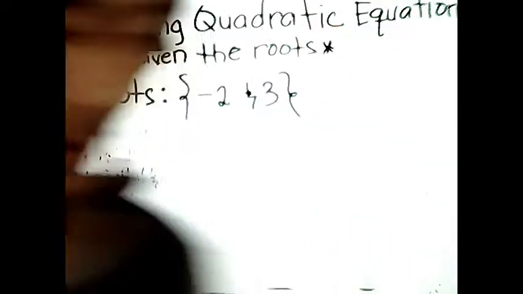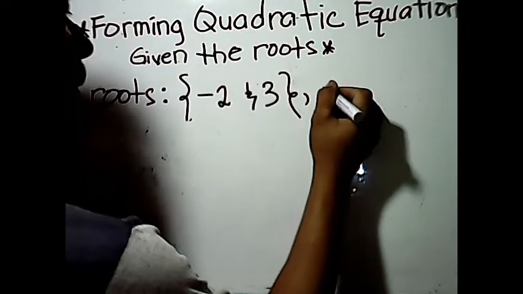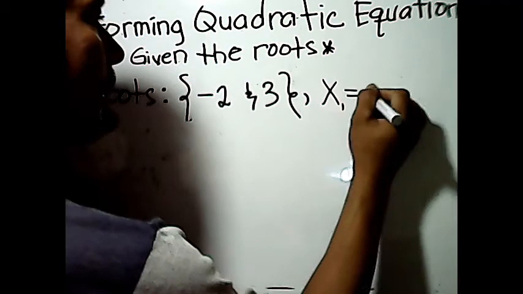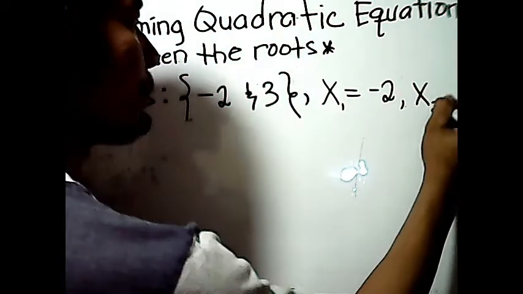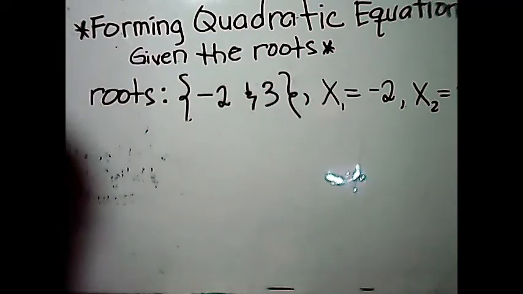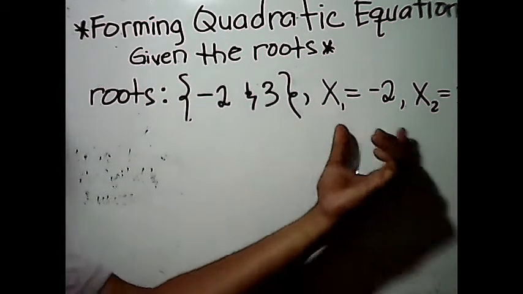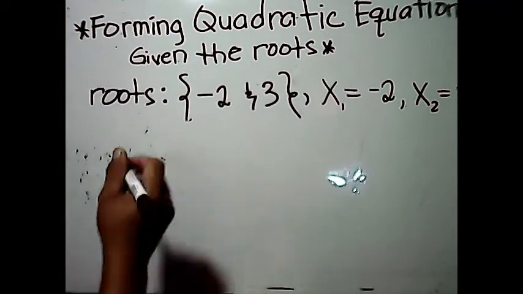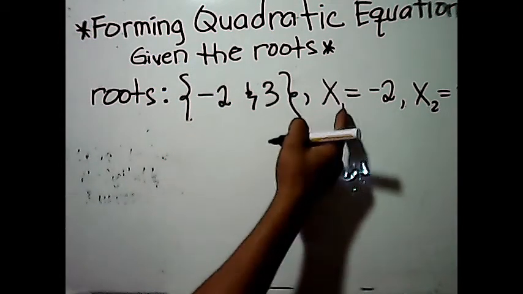That is already the value of x. So meaning our first value, x sub 1, is negative 2, and then x sub 2 is positive 3. What you are going to do is equate these to 0. Step 1, equate to 0.